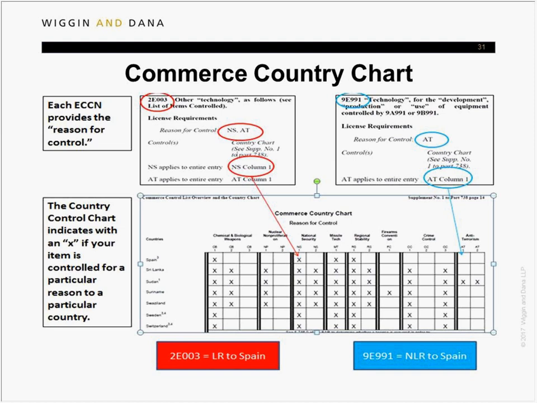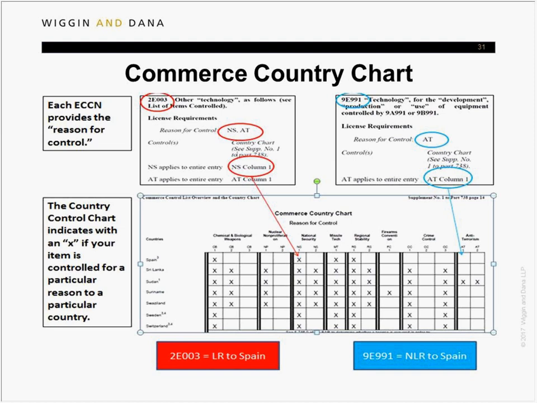So we've got something that is controlled for NS column 1. We want to send it to Spain. You look across from Spain to national security, the first column. There's an X in the box.